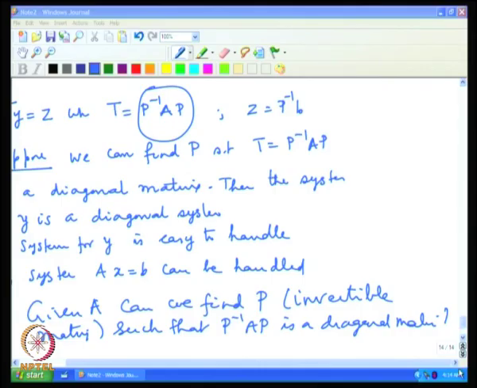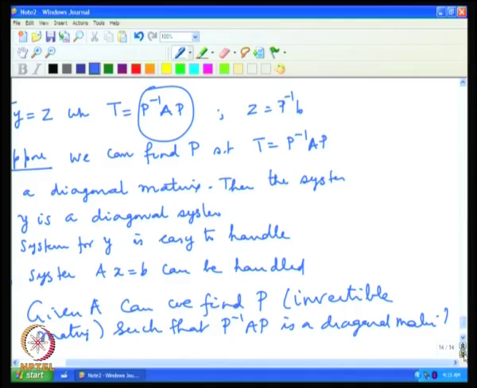It turns out that for certain types of matrices, we can find a P such that P inverse A P is diagonal, and for certain types of matrices we cannot. Therefore, it raises the question, under what conditions can a matrix A provide you with a P such that P inverse A P is diagonal?